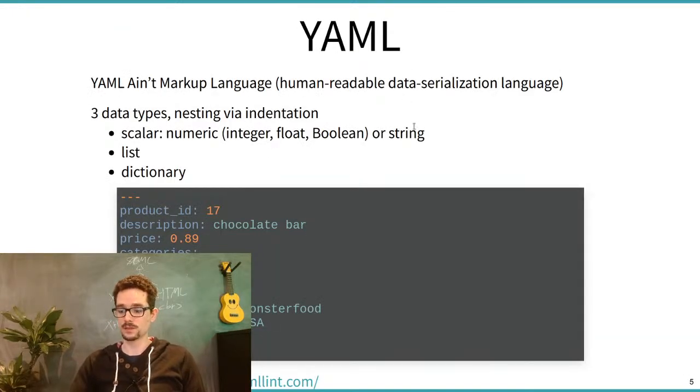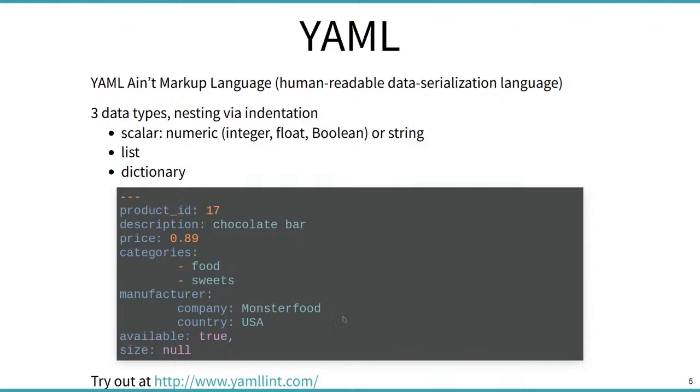YAML. I have here a nice website to try it out. Okay, actually you cannot try out YAML. YAML is a format like CSV, but here you have flexibility. So we have one dictionary here.